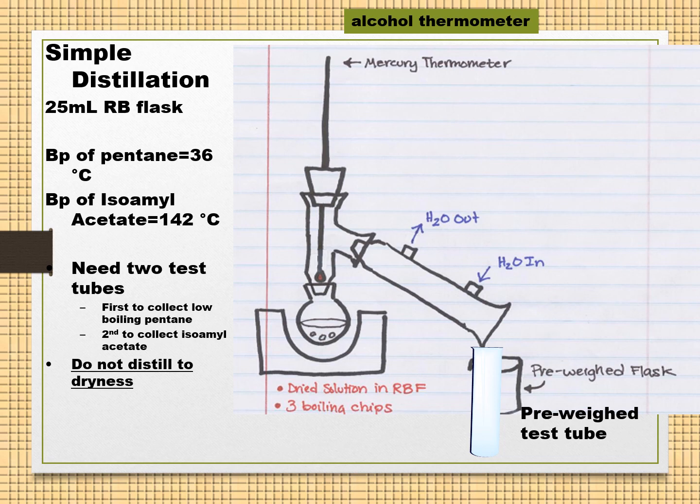You collect the alkane first, and then the isoamyl acetate.